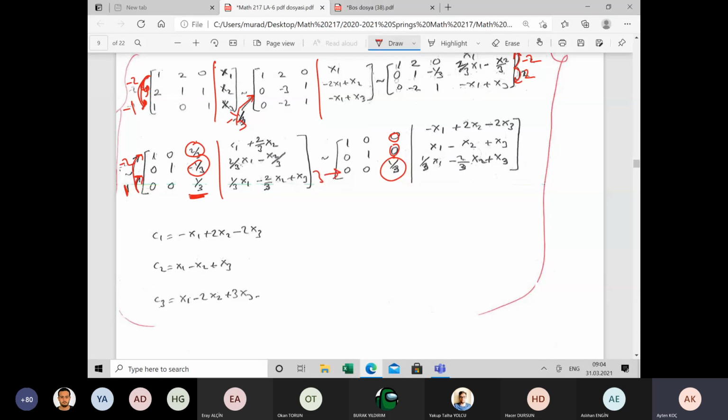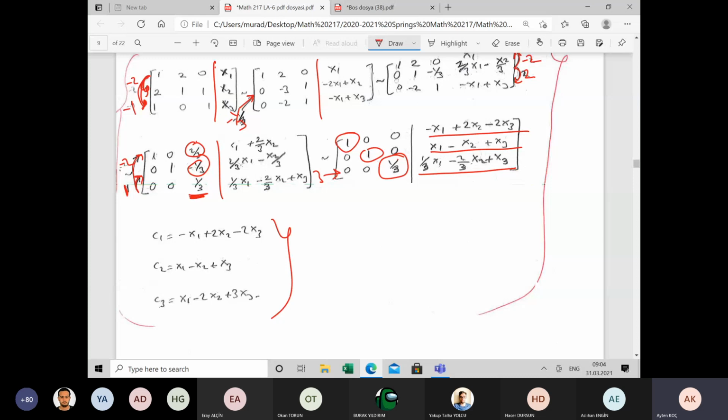It's okay? So C1 is this one, C2 is this one, C3 is 3 times this one. We get the solution, and it means our system has a solution.